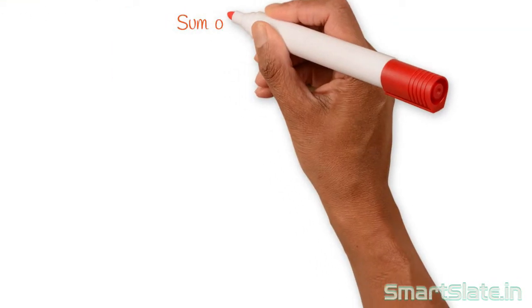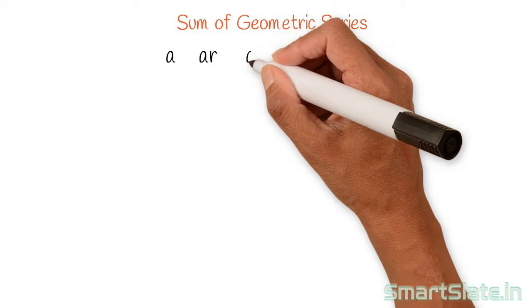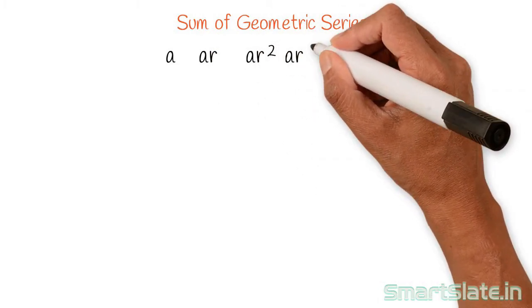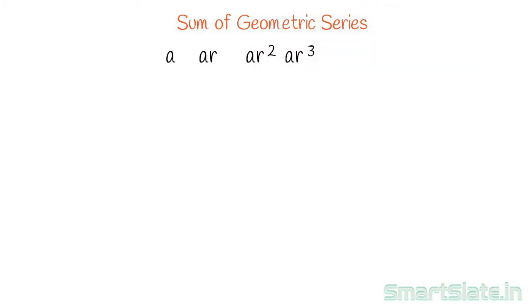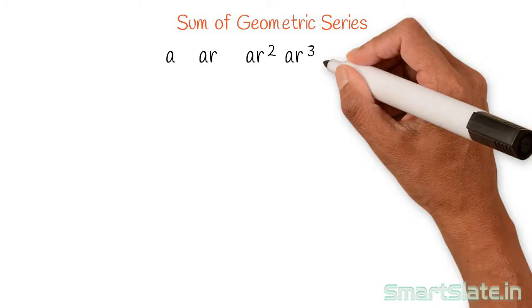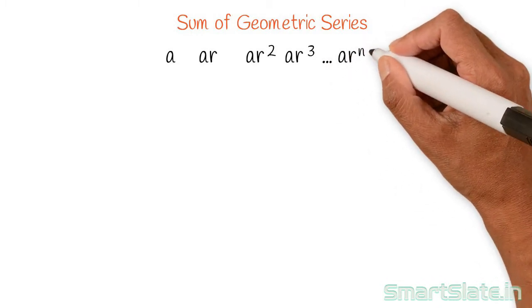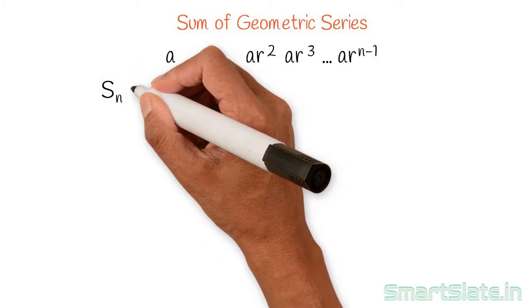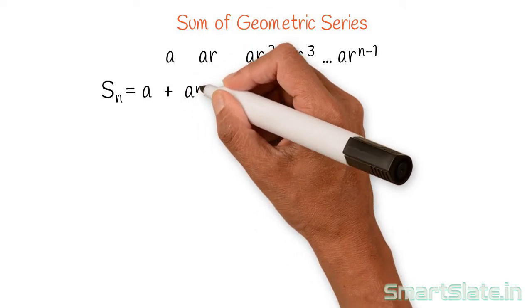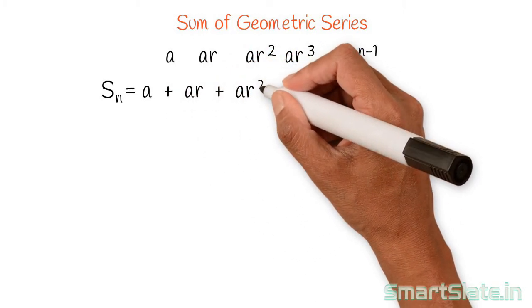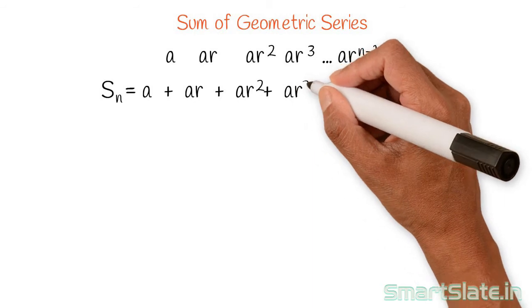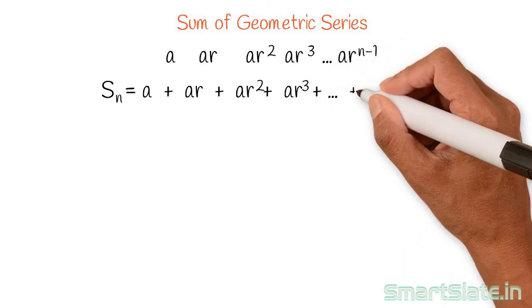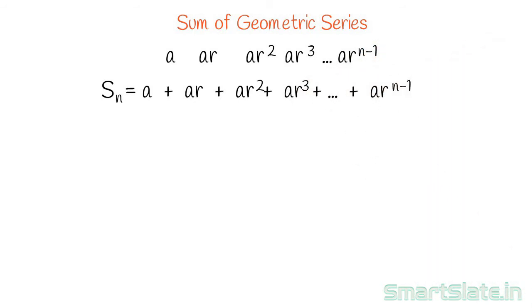Let's find the sum of a geometric series. A geometric progression in generalized terms is A, AR, AR square, AR cube. If you remember, the nth term of a geometric progression is A into R to the power n minus 1. Hence, the sum Sn is A plus AR plus AR square plus AR cube and so on, and the last term is A into R to the power n minus 1.